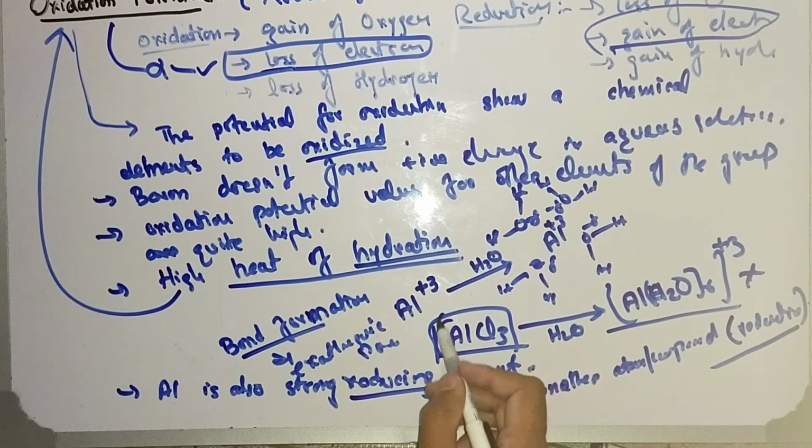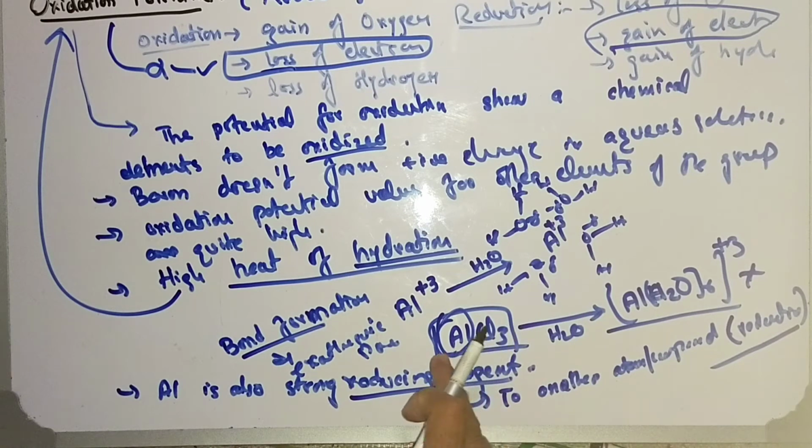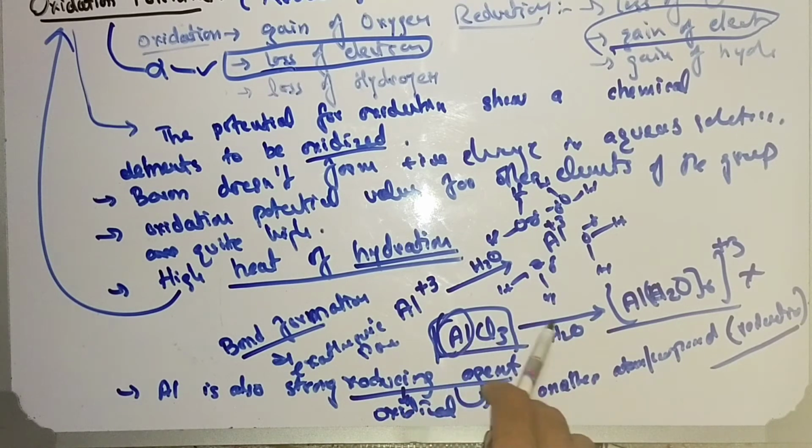Al is a strong reducing agent. The reducing agent itself will be oxidized. By itself it will be oxidized, it will lose electrons, it will donate electrons to chlorine, while due to this reducing agent the other molecule will be reduced.